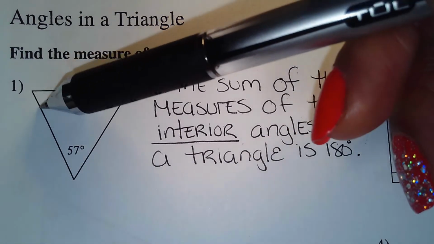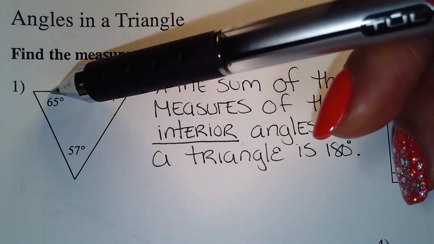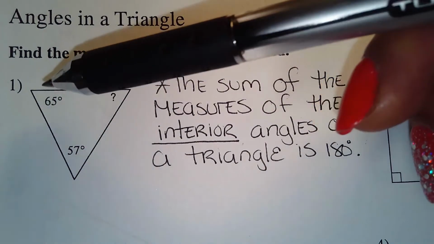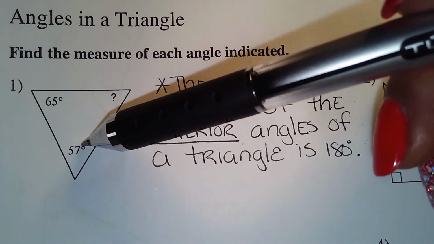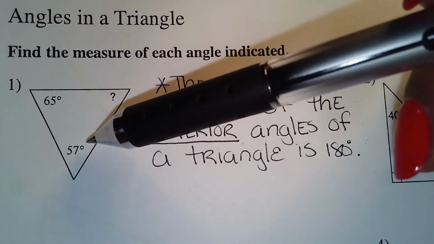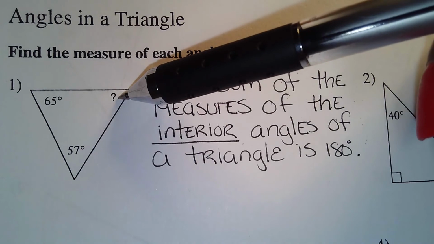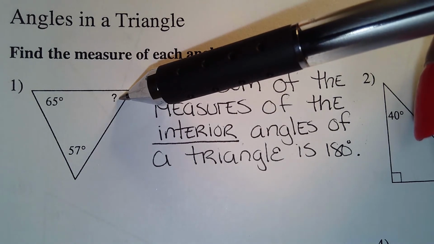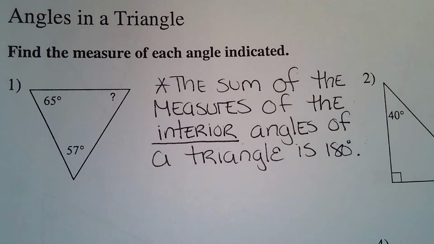So if this is my triangle, my interior angles are on the inside of the triangle. So 65 degrees, 57 degrees, and the third one that's labeled with your question mark. Those are your interior angles.